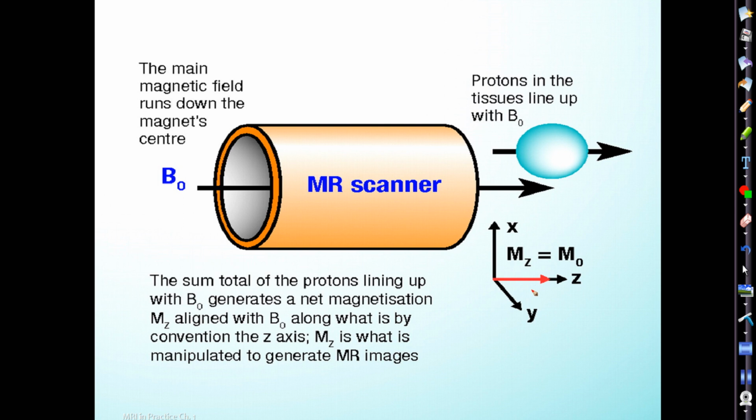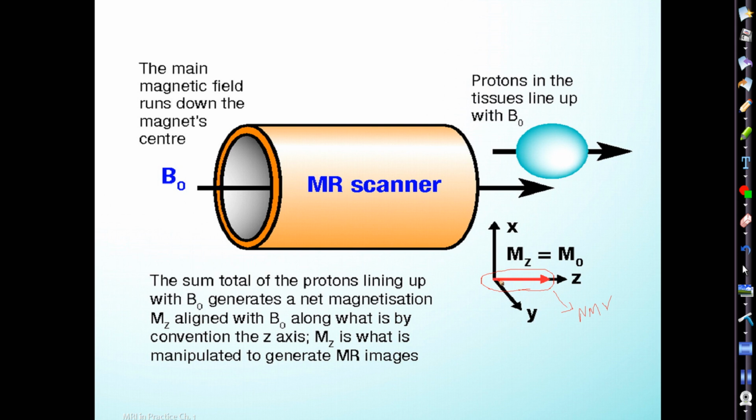So if you take a look here, this red vector is really that net magnetic vector that's aligning with B sub 0. That's why they also call this the magnetization 0. That's parallel with B sub 0, and this is on your z-axis.